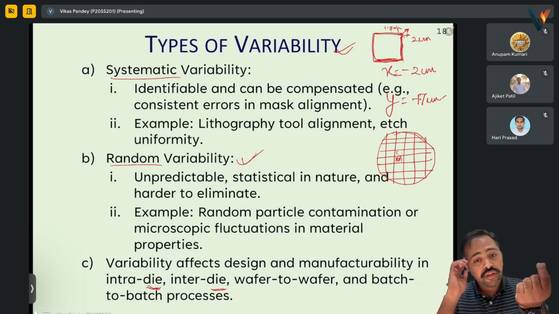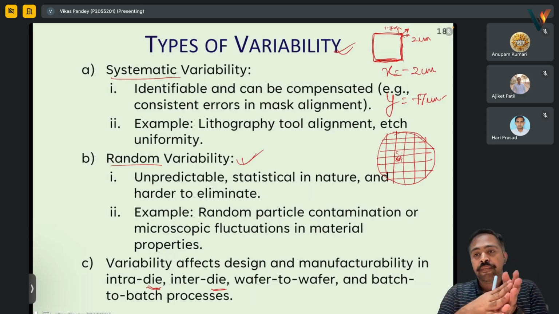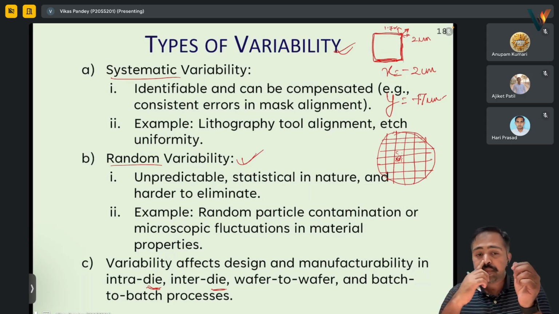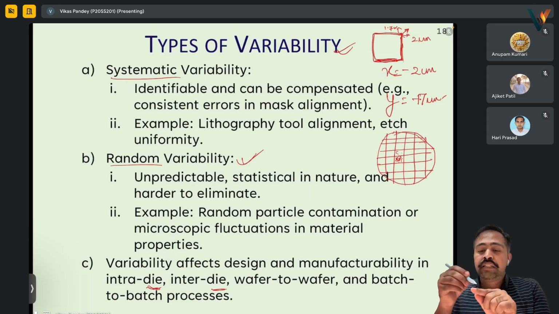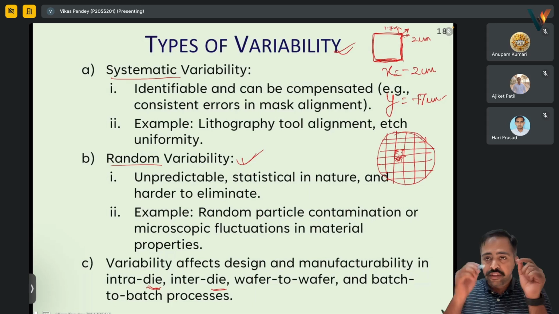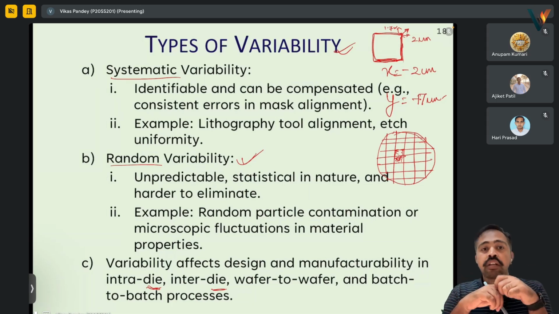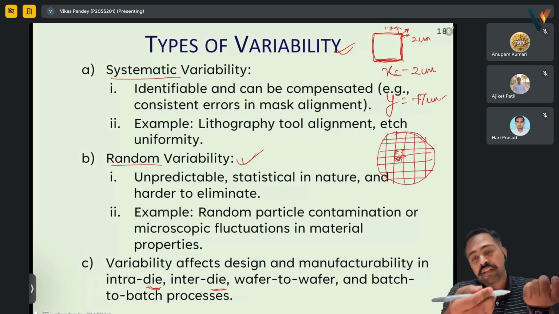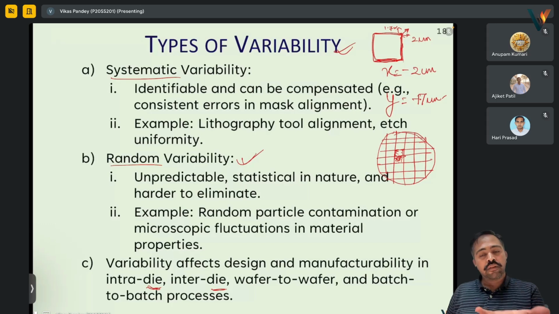So one is intra die, that is inside the die itself. In a single die, there can be some fluctuations if there is some variability. Second is inter die. Although we are making on the same wafer, here the device is giving some performance, on this side some other performance, and on this side some other performance.